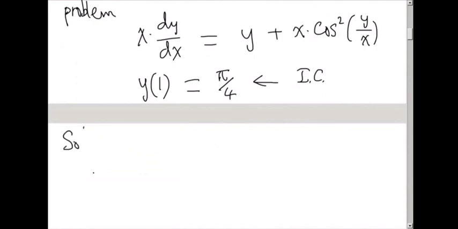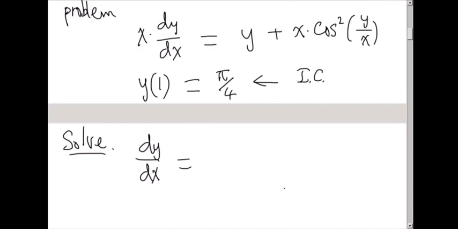So how do we solve this equation? As usual, we first try to isolate dy dx. So we want to rewrite the equation in the form dy dx equal to something. So divide both sides by x. Then what do we get?